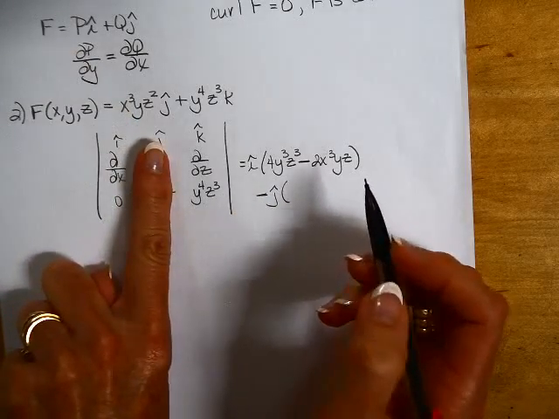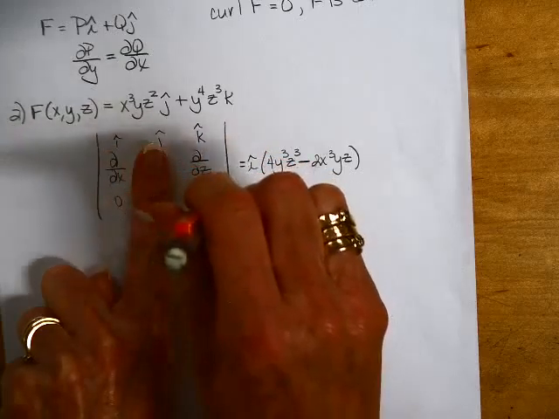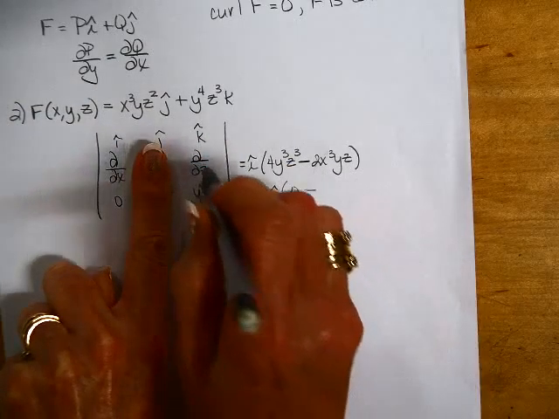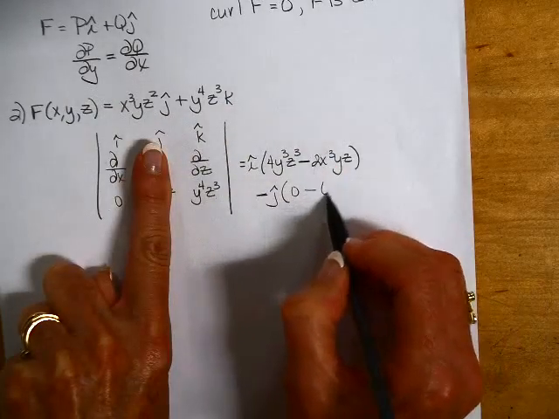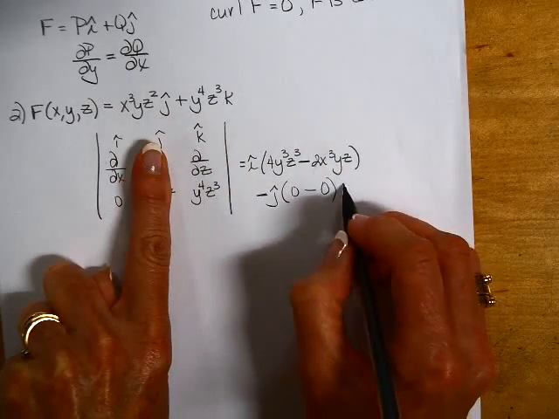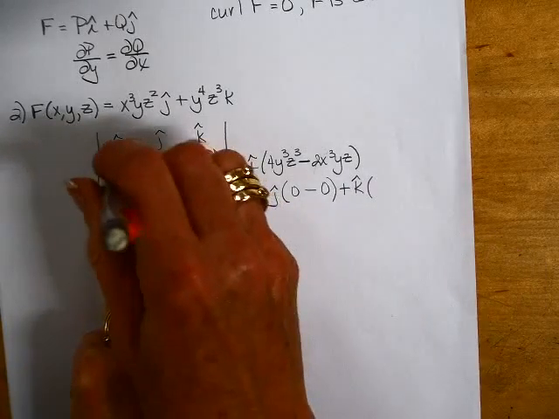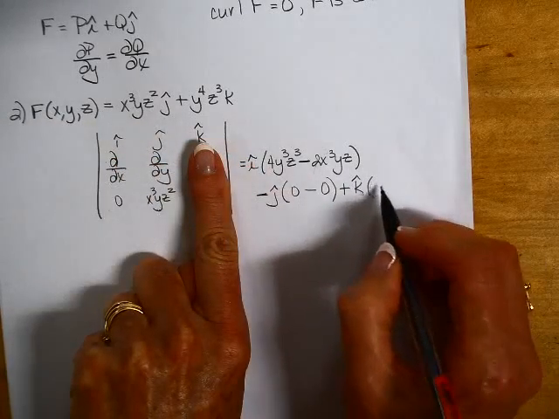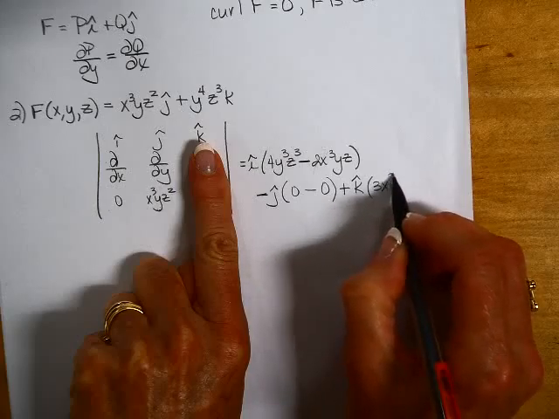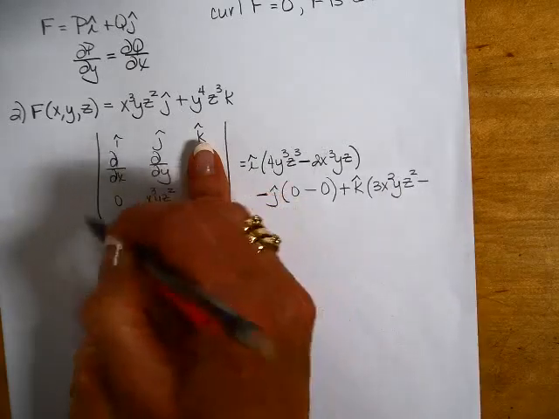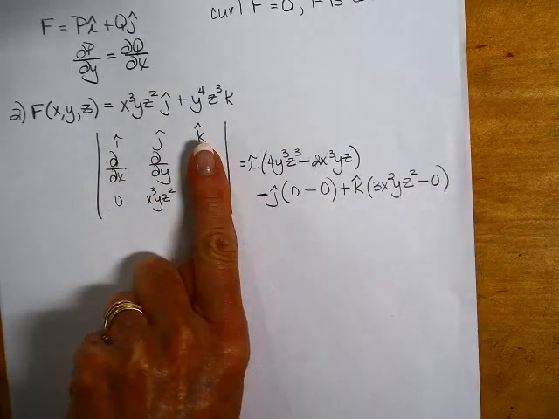So cross this out. So now I need the partial of this with respect to x, which is 0, minus 0 times the partial, that's 0, plus k. Partial of this one with respect to x is 3x squared yz squared minus the partial of 0, which is 0.